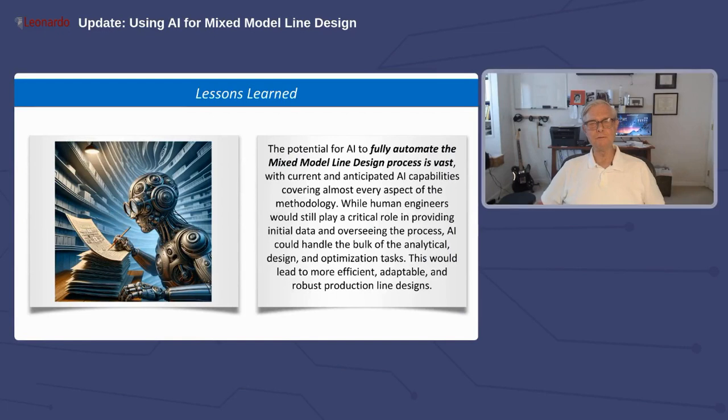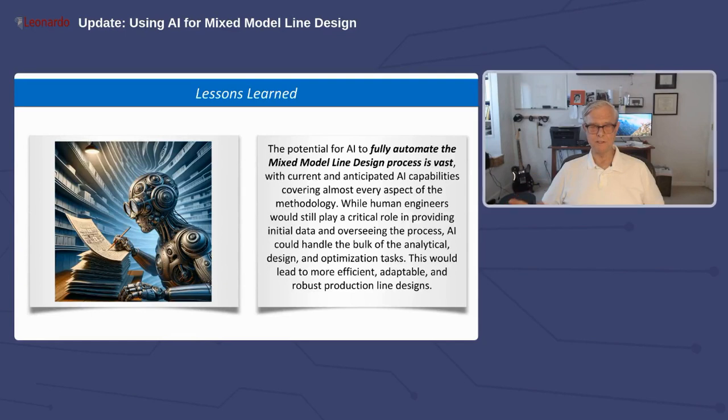So lessons learned from this webinar. Here we go. The potential for AI to fully automate the mixed model line design process is vast, with current and anticipated AI capabilities covering almost every aspect of the methodology, the 9-step process that I mentioned. While human engineers would still play a critical role in providing initial data and overseeing the whole process, AI could handle the bulk of the analytical, design, and optimization tasks.